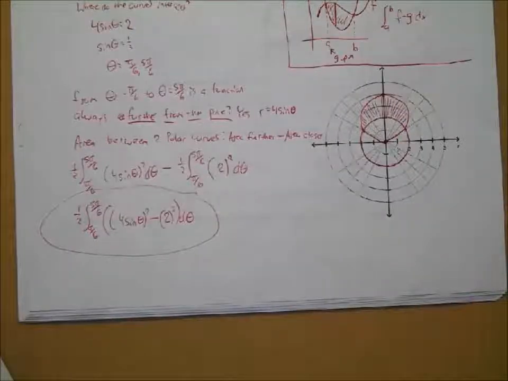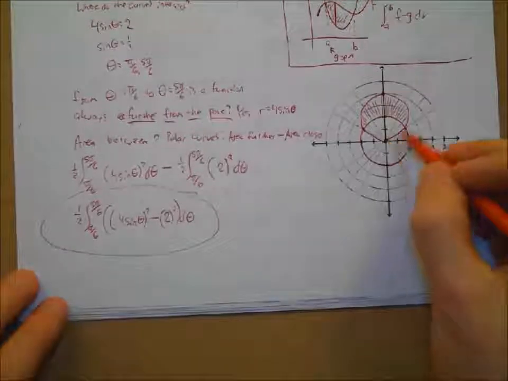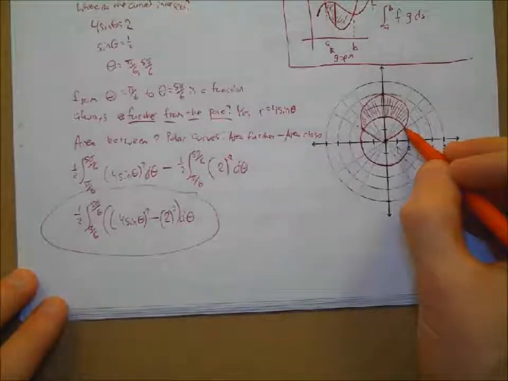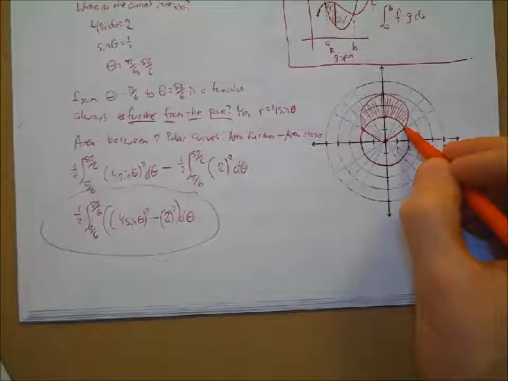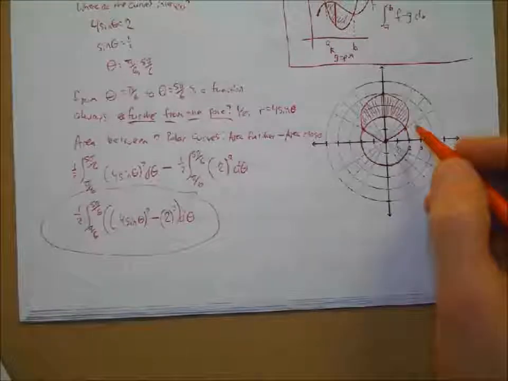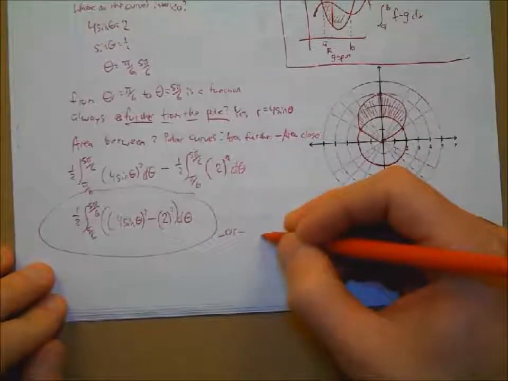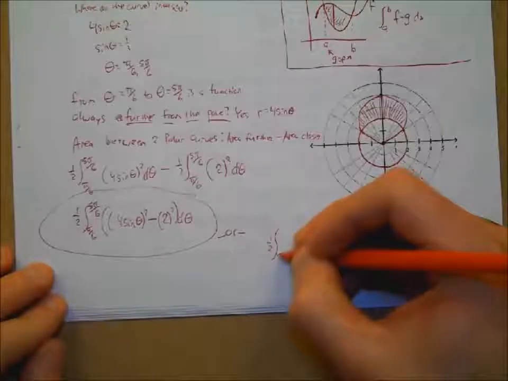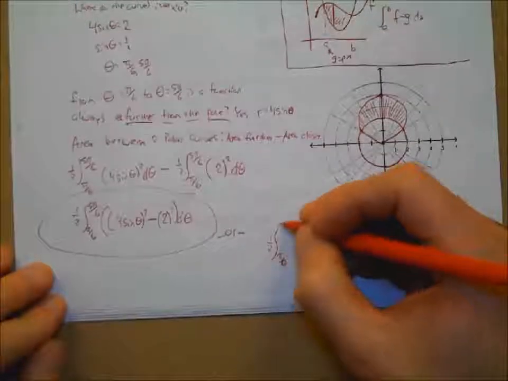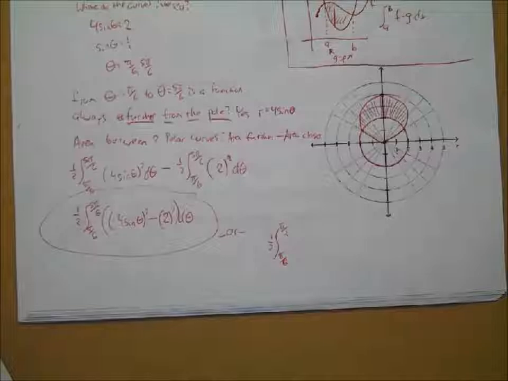Now, let's say we wanted to use symmetry here. I would still need to start at pi over 6, but what angle would I rotate up to? Pi over 2. So we'll say 1/2 integral from pi over 6 to pi over 2. Do my outer and inner curves change?